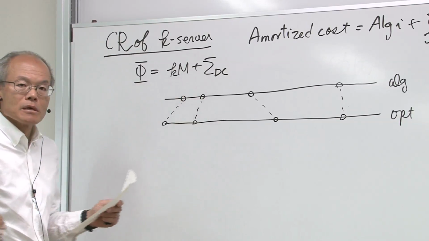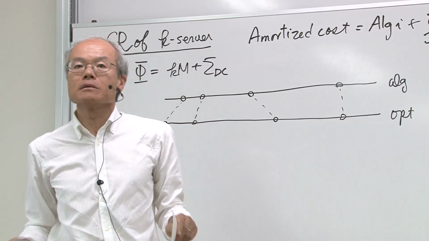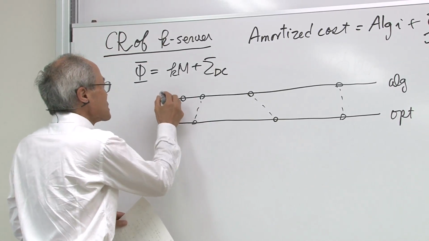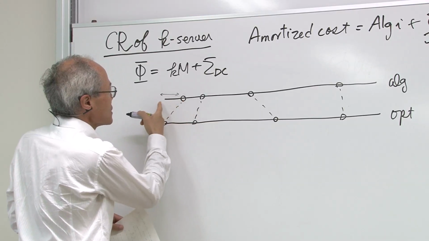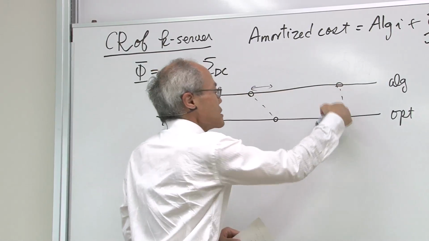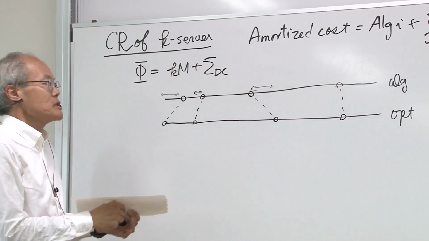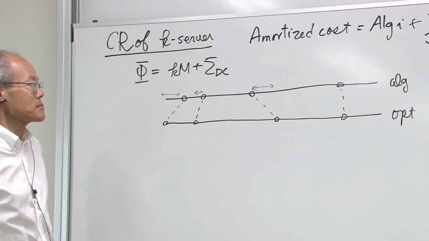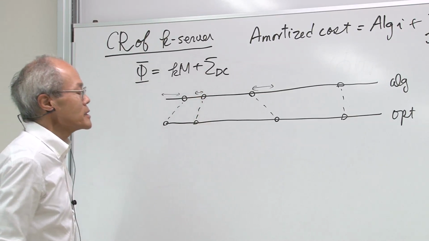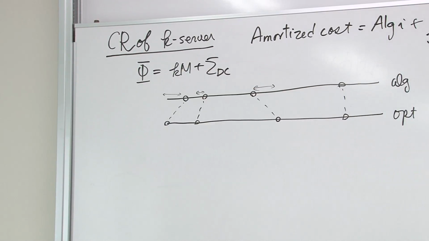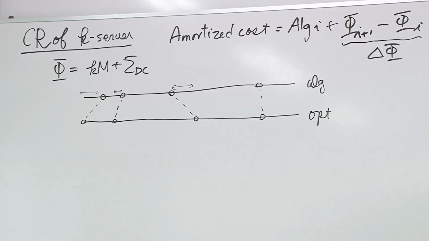This M means the total size, the sum of the lengths of the matching edges. So M is the sum of those lengths. Sigma DC is the sum of the lengths of all pairs of ARG servers. So this is a function psi.